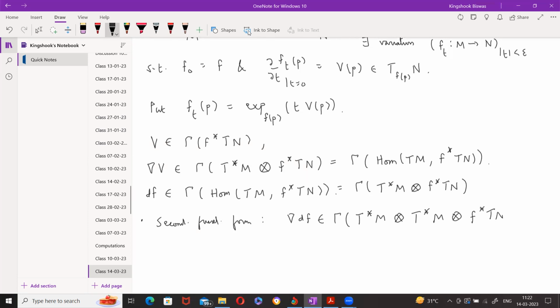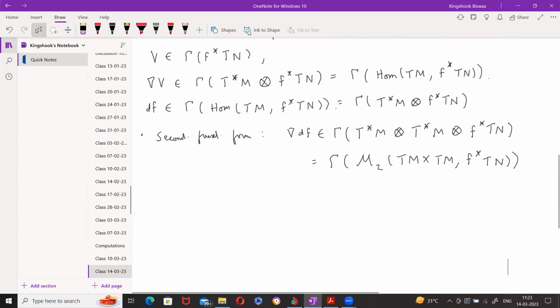So this is the same as the bundle of bilinear maps of TM cross TM to F star TN, right?